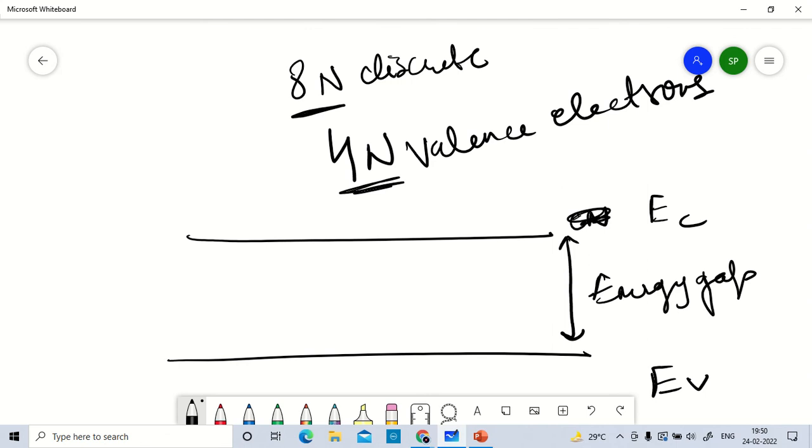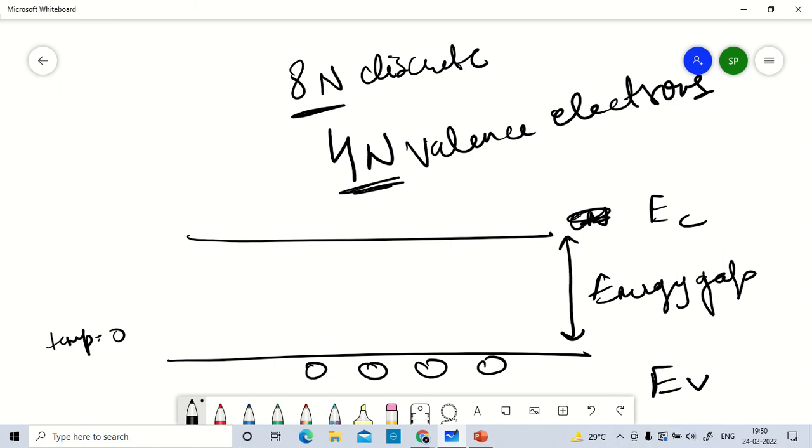Then they have told that this Ev is completely occupied by 4n valence electrons at absolute zero temperature.